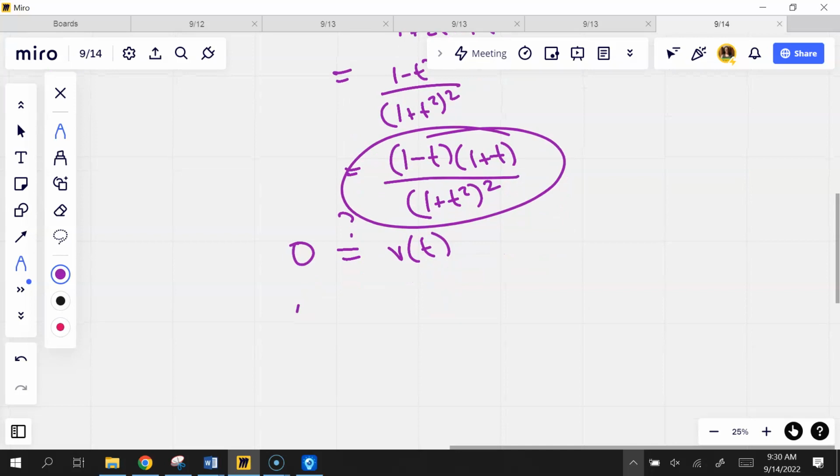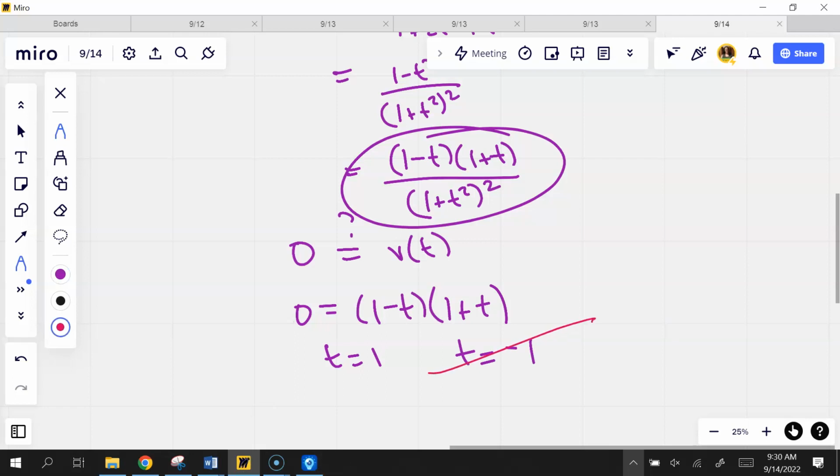So all I'm going to do is take the top of this and set equal to 0. So I get 1 and negative 1. This doesn't make any sense, right? Why does t equals negative 1 not make any sense? Time's not going to be negative. So that's the only one I'm really looking at, yes? Does that make sense to you?